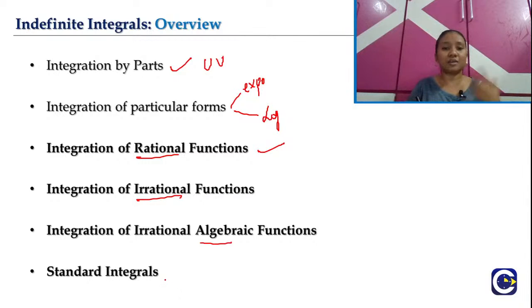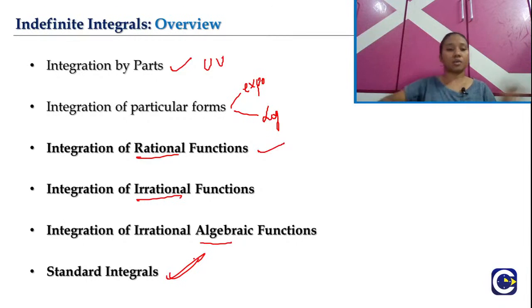That's the major reason for applying standard integrals, so again here we are going to look into the standard integrals. In today's session, we are mostly focusing on rational functions and irrational functions, along with questions related to each type of function.